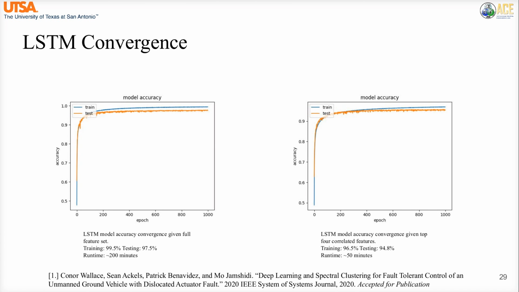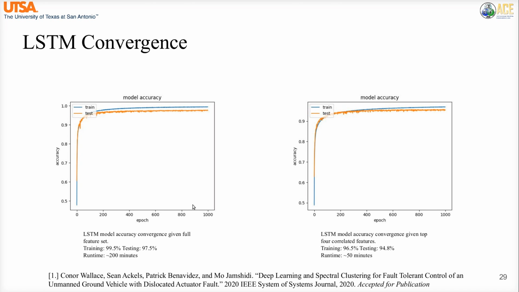And then as a final test, in order to fully train the LSTM model, I trained it for 1,000 epochs. What I tested was I trained for the full amount of epochs for the full feature set and the quote-unquote optimal feature set. The optimal feature set is in this right figure, and basically what I get is a training accuracy of 96.5% and a testing accuracy of 94.8%.